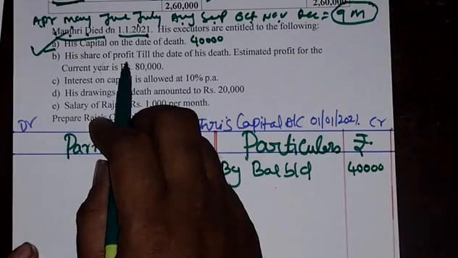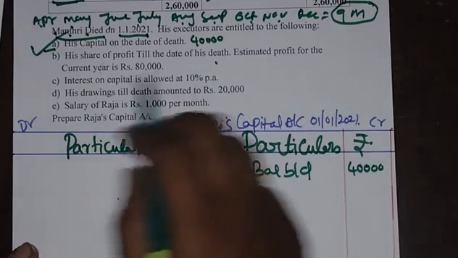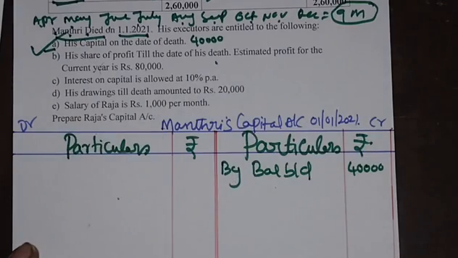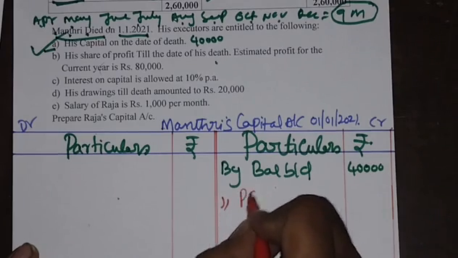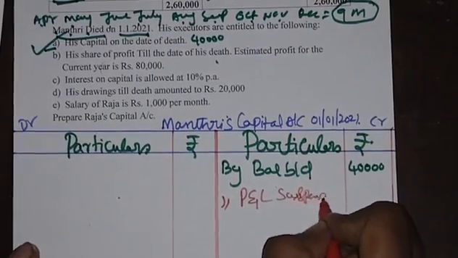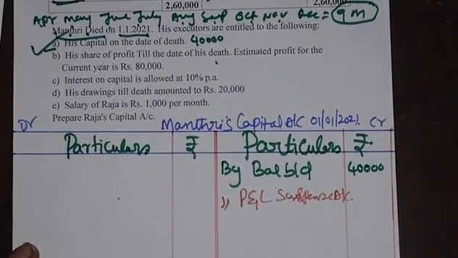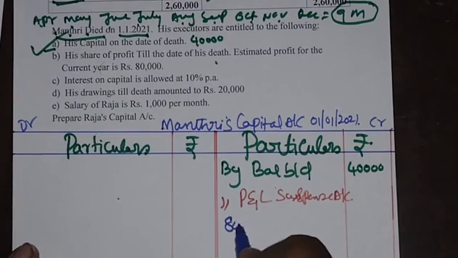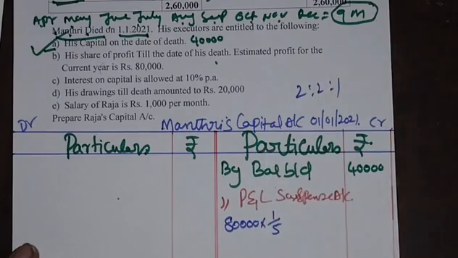Point B. His share of profit till the date of his death, estimated profit for the current year is 80,000. Yes, this profit to be distributed for 9 months. That is called the profit and loss suspense account. The amount of profit is 80,000 and monthly share of profit is 1 by 5 because 2 is to 2 is to 1.